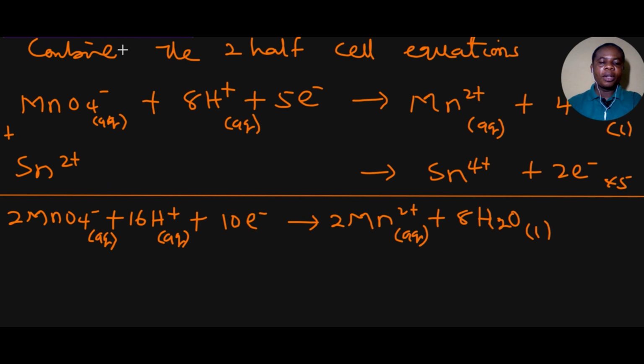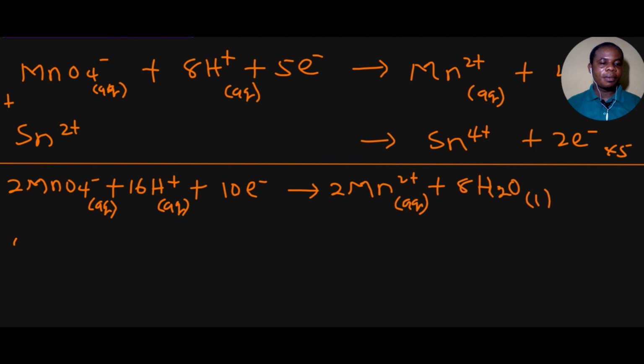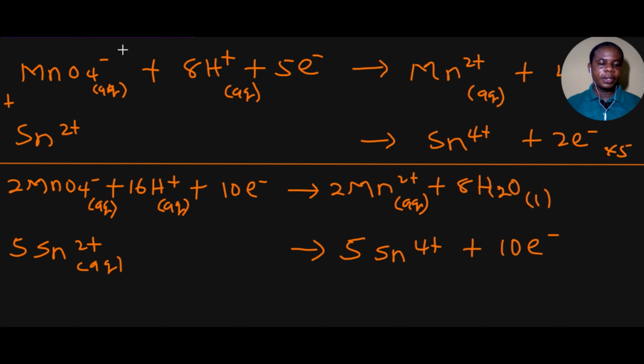The next, I will multiply all these by 5 as 5 Sn2+ to give 5 Sn4+ plus 10 electrons. This is aqueous, this is aqueous too. So the next is to add the two equations.